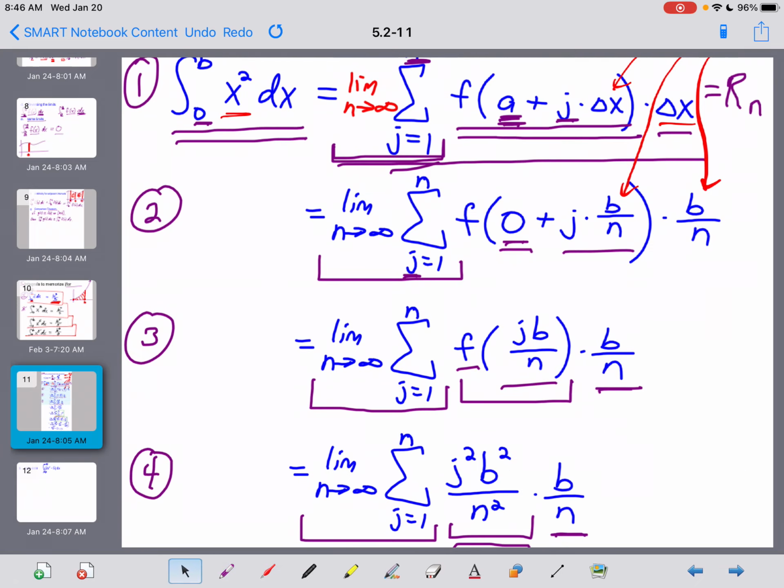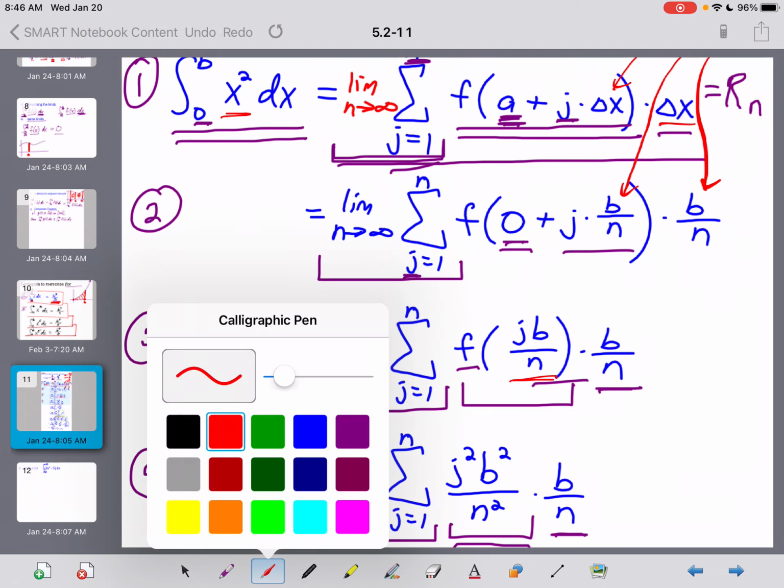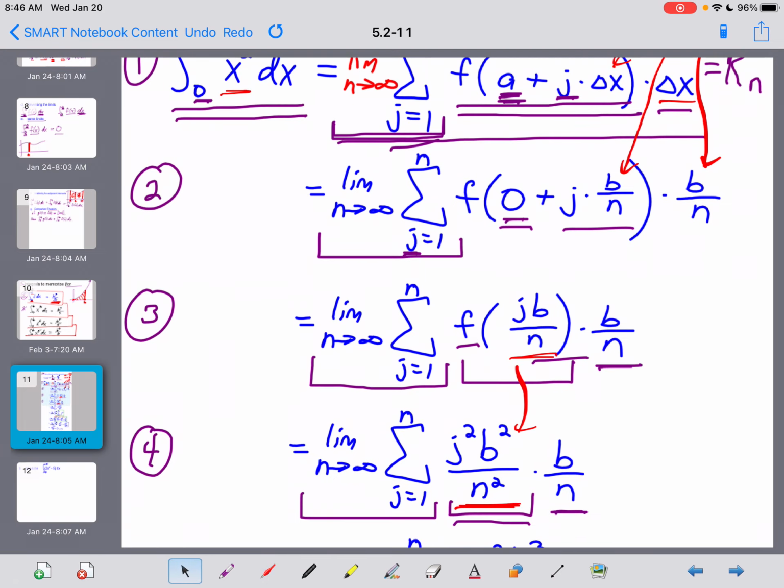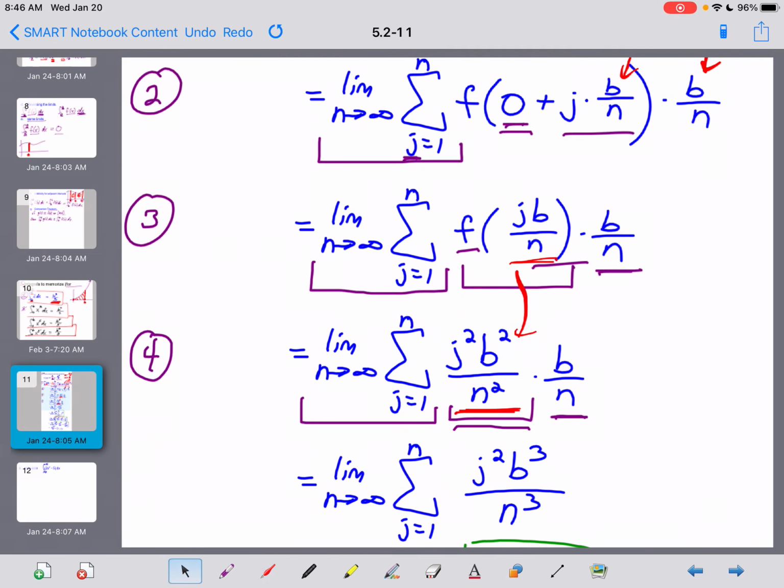So whatever your input value was right here, you're simply going to square that input value, and that's the value of your function. So jb over n squared is going to get us j squared b squared all over n squared. So that's the change here. And again, I'm hoping we can see this just by looking at it one step at a time.